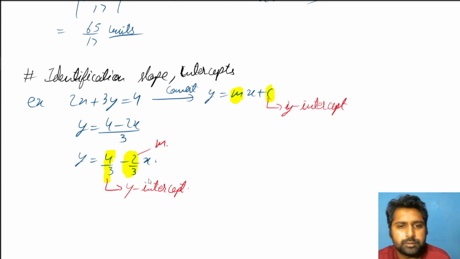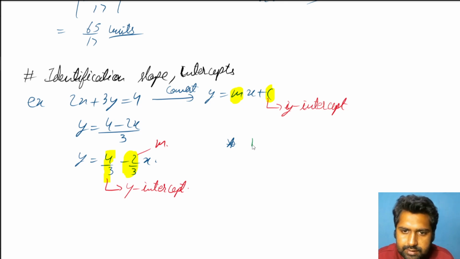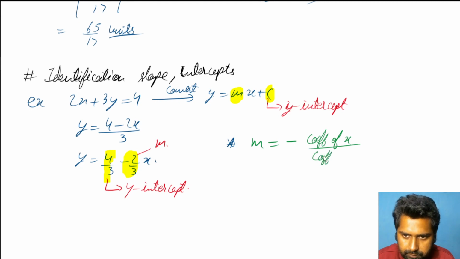This is the standard way. What if you want to do this very quickly, to save time? I'm giving you a direct, not exactly a shortcut, it's the same basic idea: m is equal to negative of the coefficient of x upon the coefficient of y.